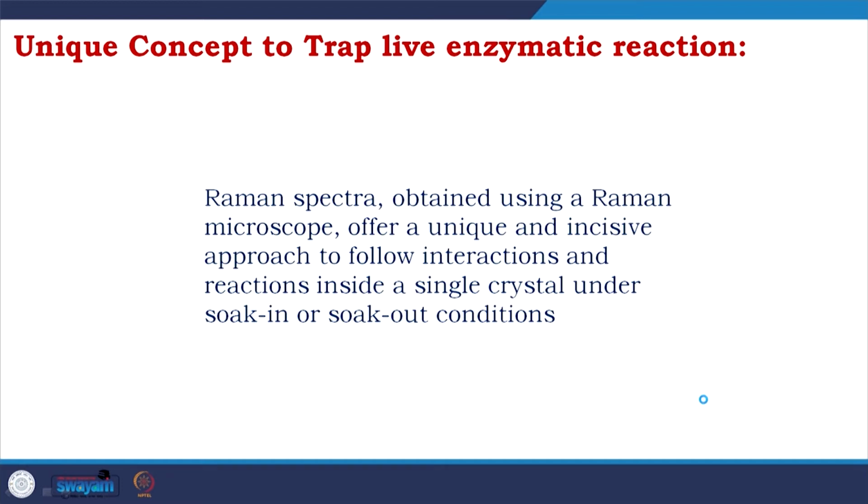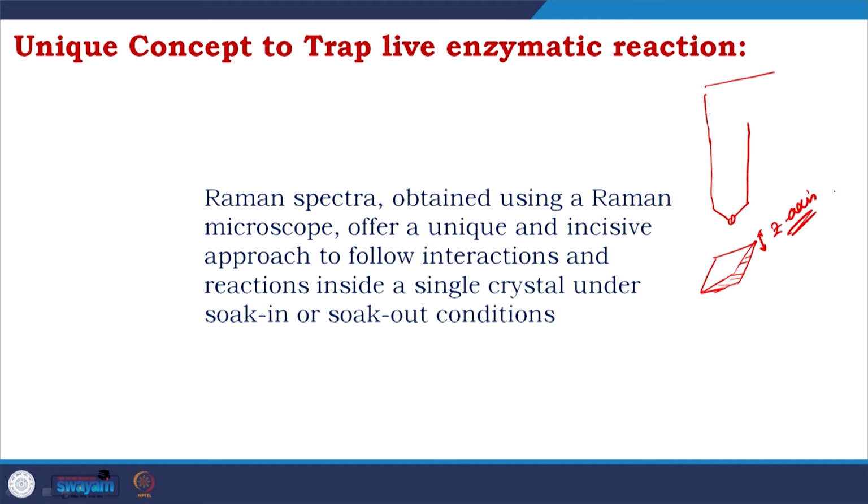First, understand the concept. You have a crystal. The crystal offers a 3D environment, right. Now, you have a setup of a confocal microscope, where you could scan the Z axis.